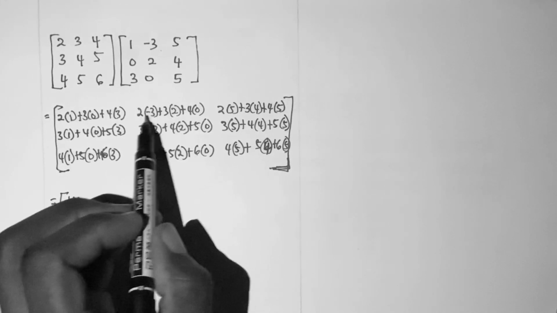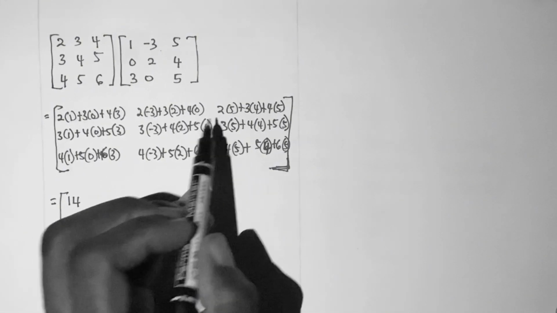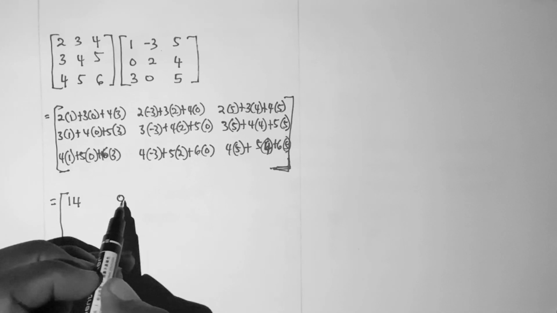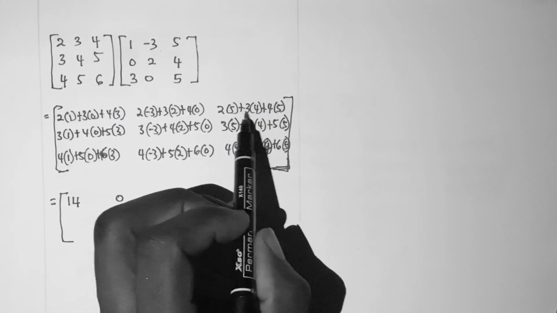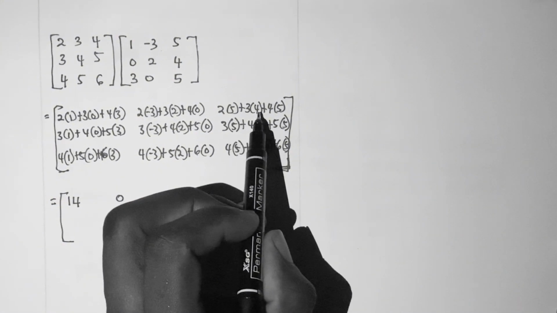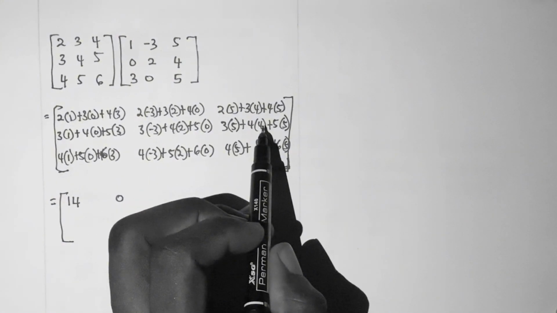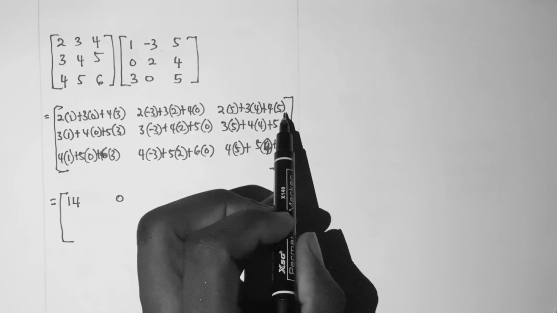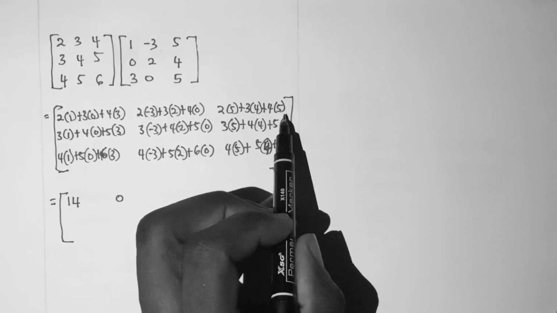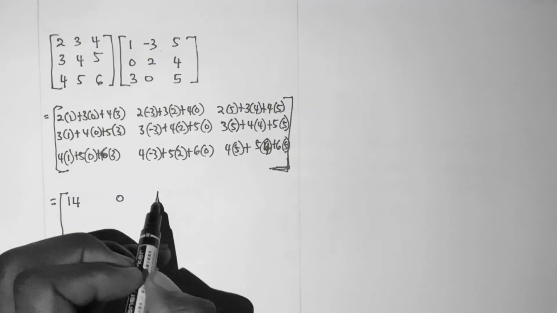If we add both, it will give us 0. Then plus 4 times 0 is 0. So here is 0. Then here is 2 times 5, that's 10. Then plus 3 times 4, 12. 10 plus 12 is 22. And 22 plus 4 times 5 will give us 42. So here is 42.